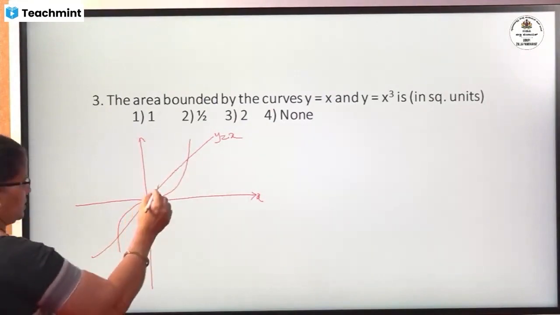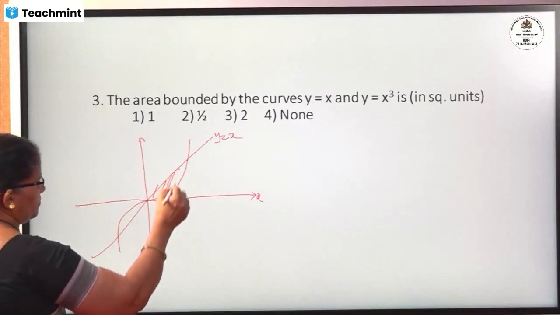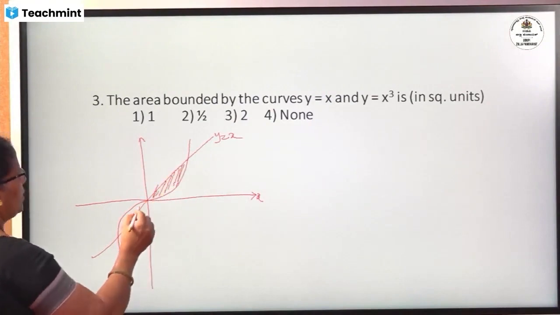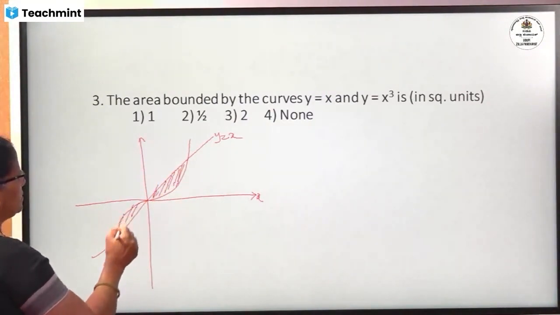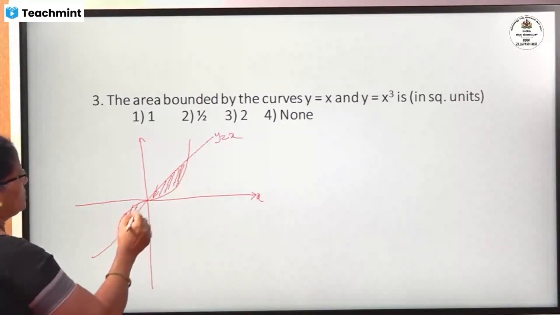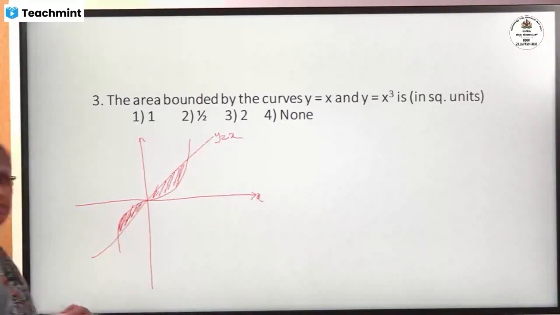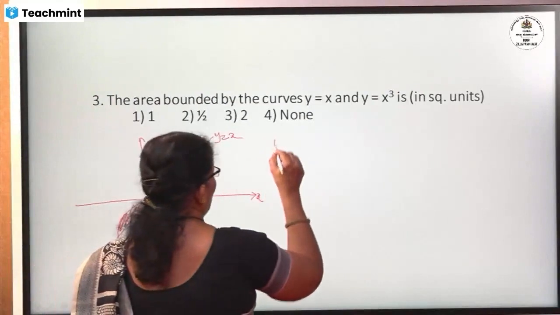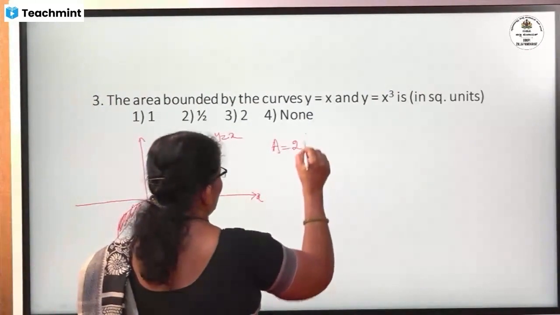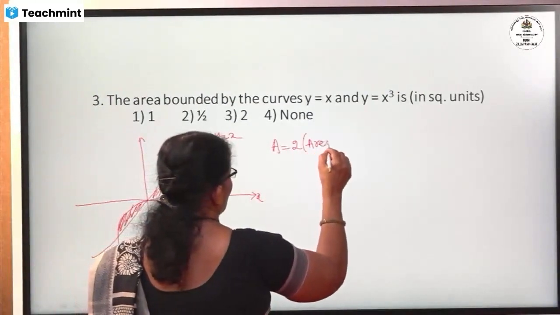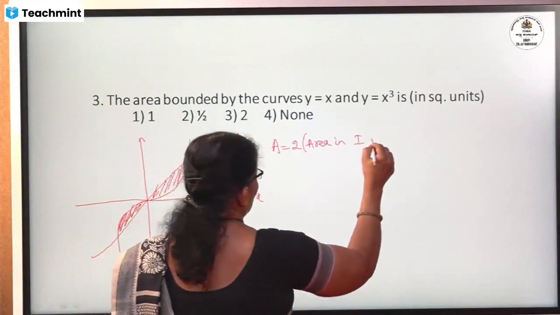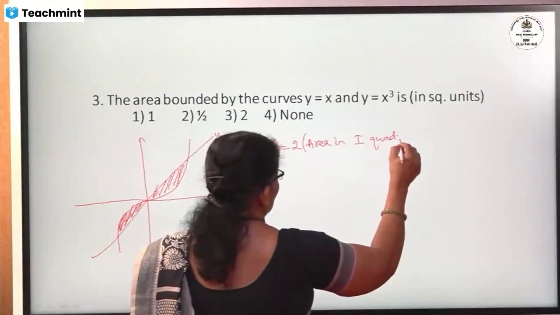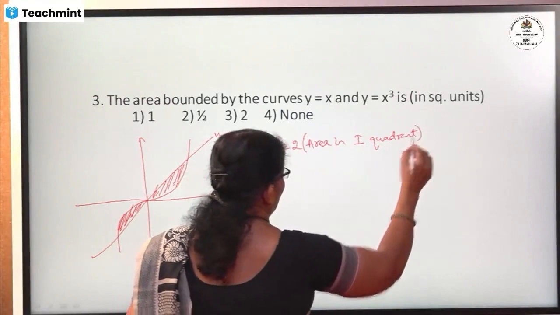Can you see that this area and this area are equal? So therefore, I just need to find 2 times the area in the first quadrant.